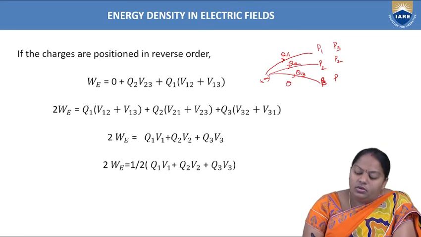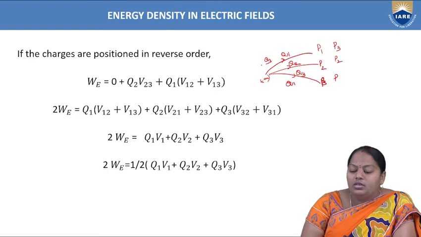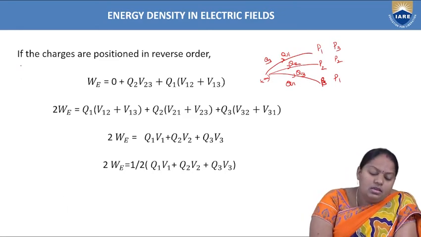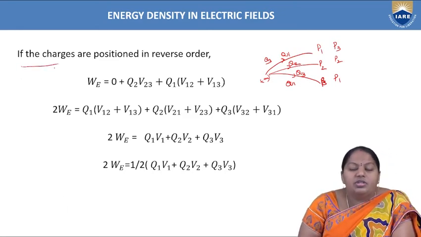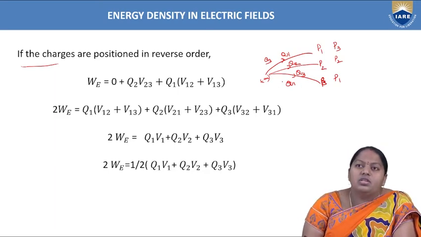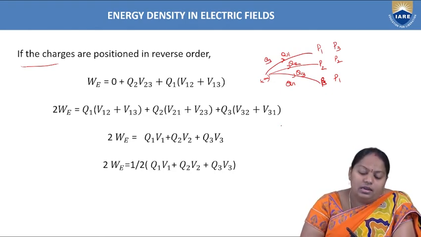Right? So P1 and P3 positions are interchanged and Q3 and Q1 positions are interchanged. That's why, if the charges are positioned in the reverse order, instead of positioning Q1, Q2, Q3, we are placing Q3, Q2, Q1, in descending order.